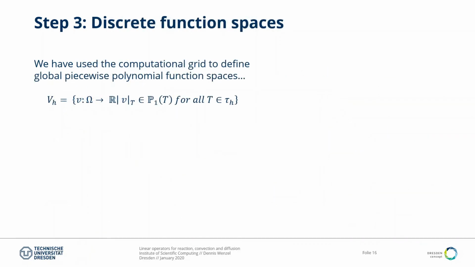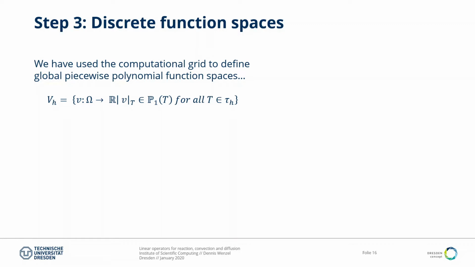Then we have used our computational grid to define global piecewise polynomial spaces, because those abstract Sobolev spaces, H10 and so on, are still infinite dimensional. So that's still something you cannot really efficiently handle on the computer.